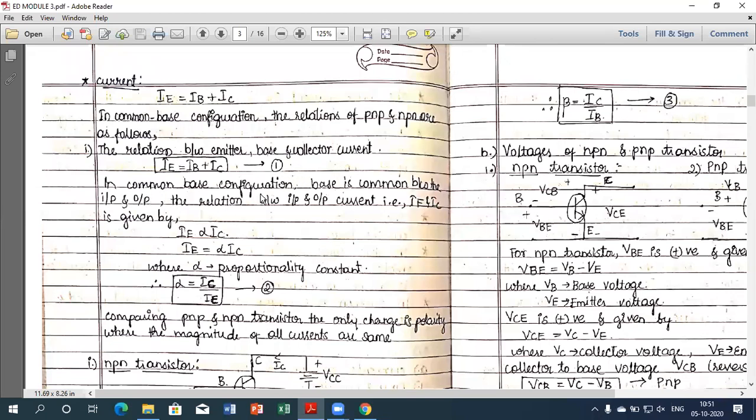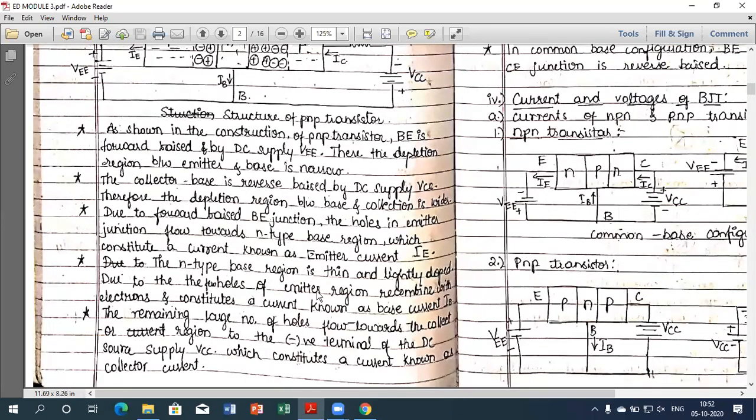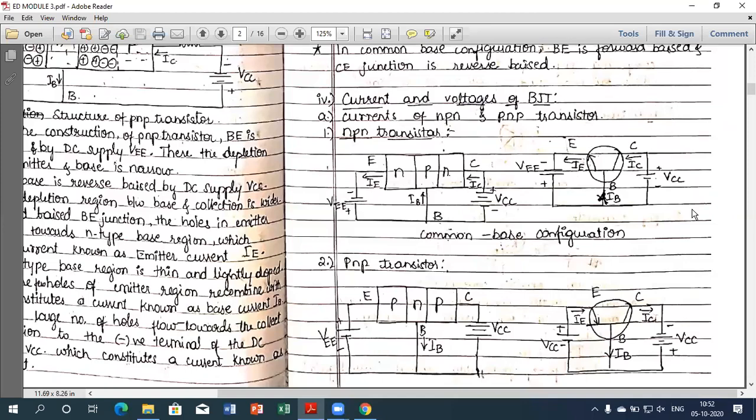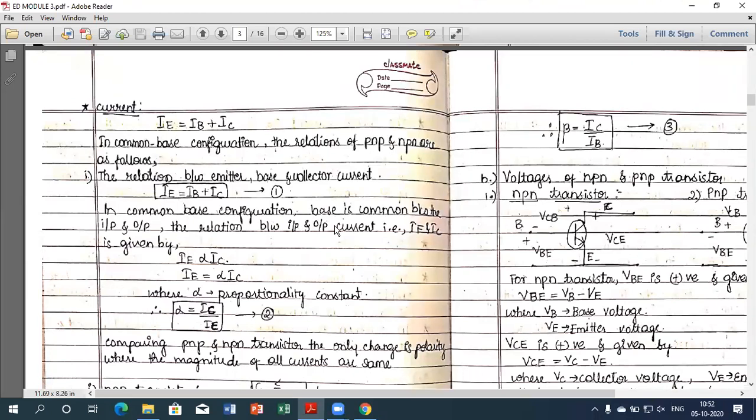Now, in common base configuration, which we have discussed, this is a common base configuration. This is using symbol. This is using diagram. So in common base configuration, the base is common between the input and output. Therefore, the relation between the input and output current, that is IE and IC, is given by this. Here we have written IE directly proportional to IC, right?